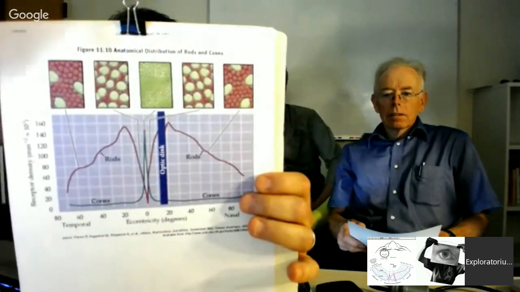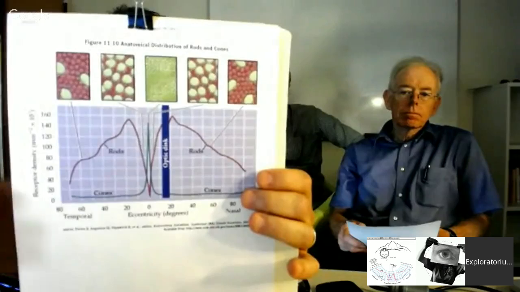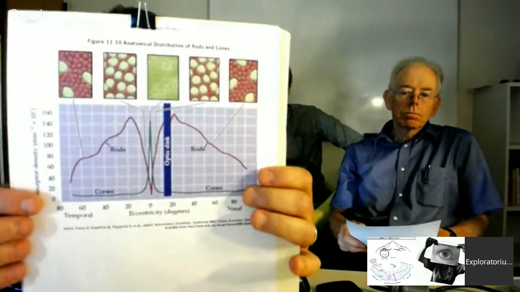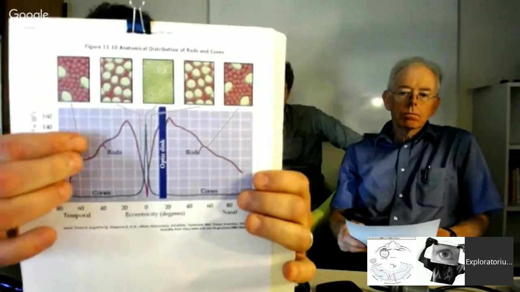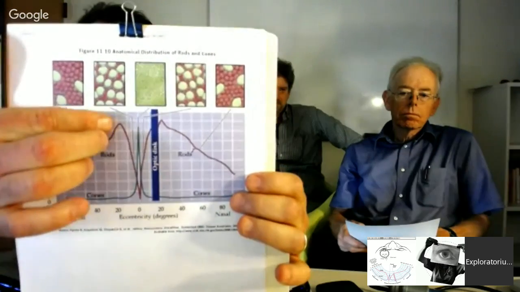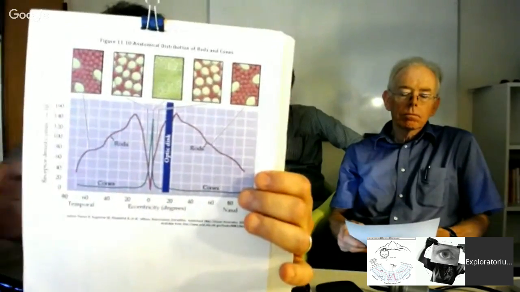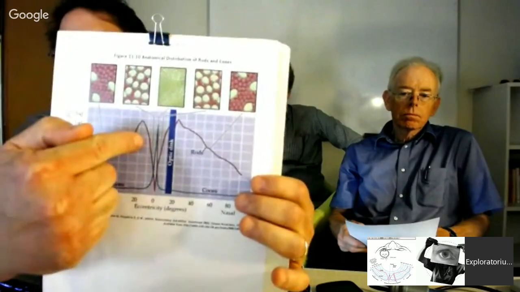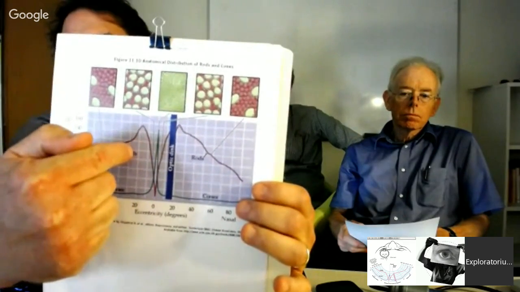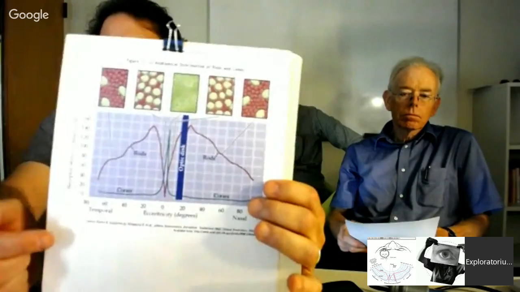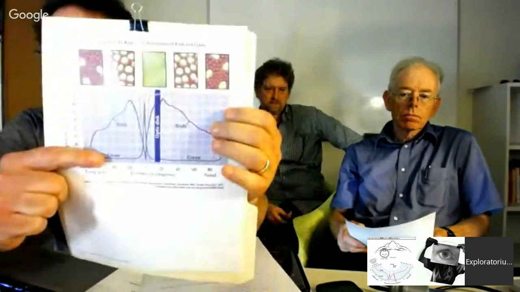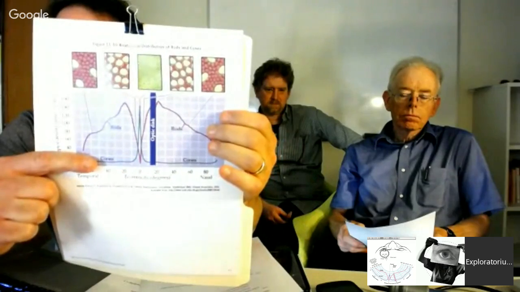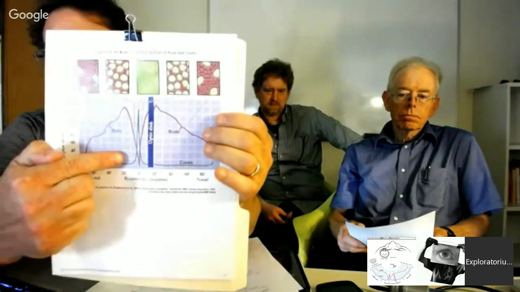You can notice from the graph that the density of rods starts out low and zooms up really quickly. It falls off, and right in the center of your eye, it's loaded with cones. You don't have nearly as many cones on the periphery. It's mostly rods until you get to the very center.